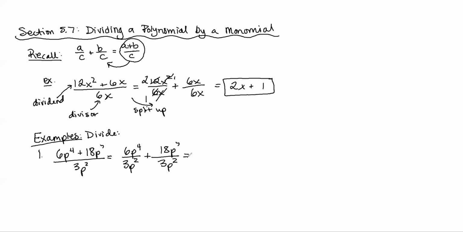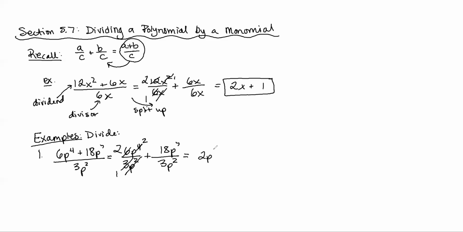And now let's reduce or cancel. 6 over 3, I'm going to do this with the reducing. So this becomes a 1, this is a 2. With the p's, we can cancel 2 p's out. So we'll cancel out 2 from here, 2 from up here. And so on the top, we're left with a 2p squared.